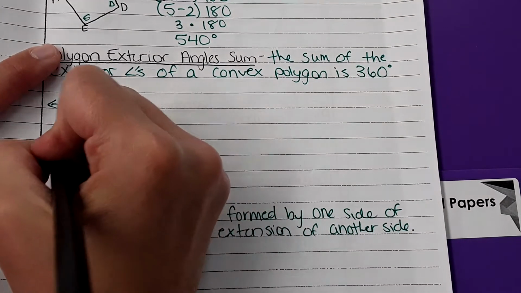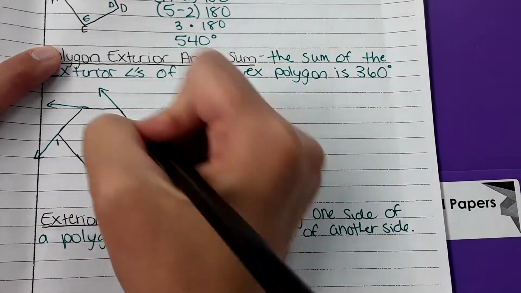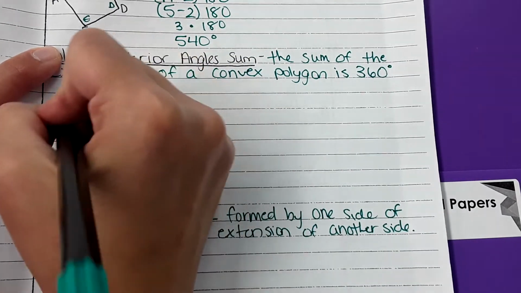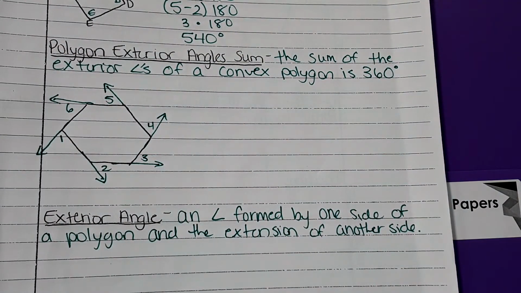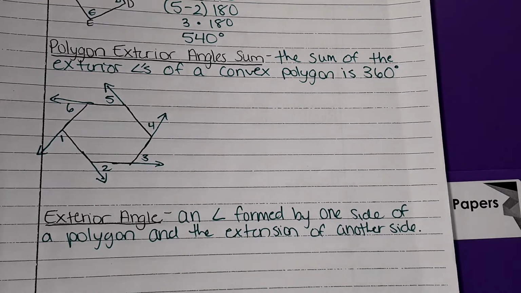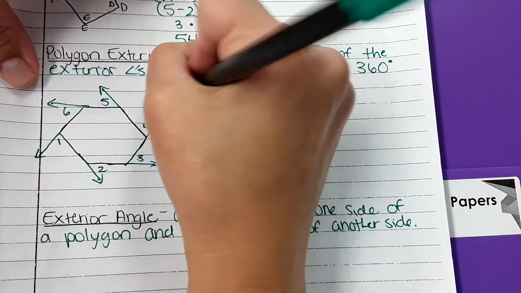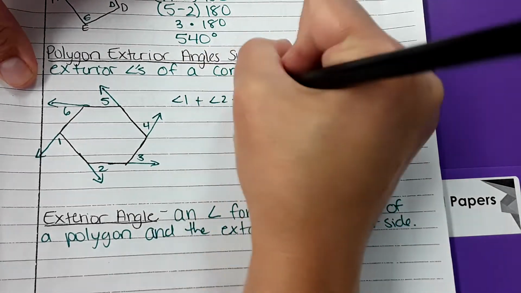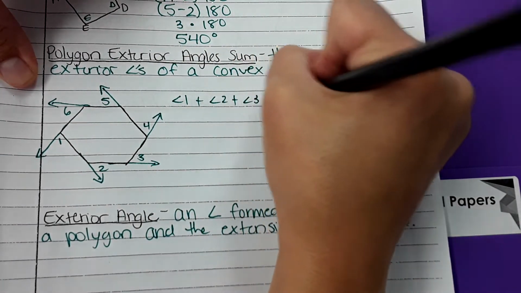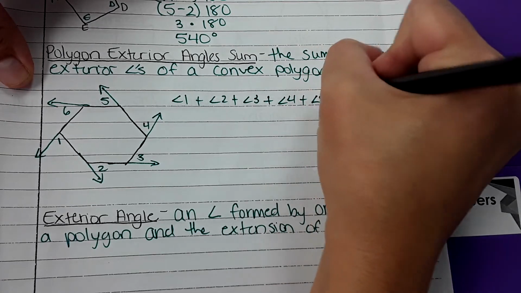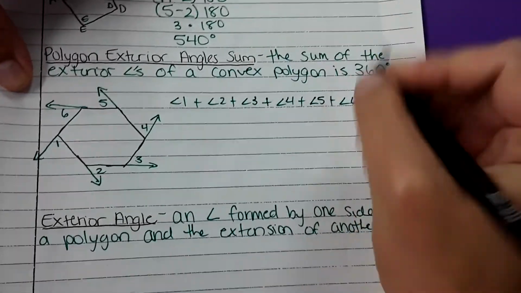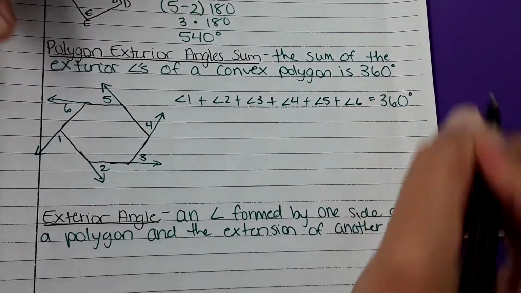And then here are your exterior angles. These are the angles that add up to 360. So if you added angle 1 plus angle 2 plus angle 3 plus angle 4 plus angle 5 plus angle 6, you would get 360 degrees.